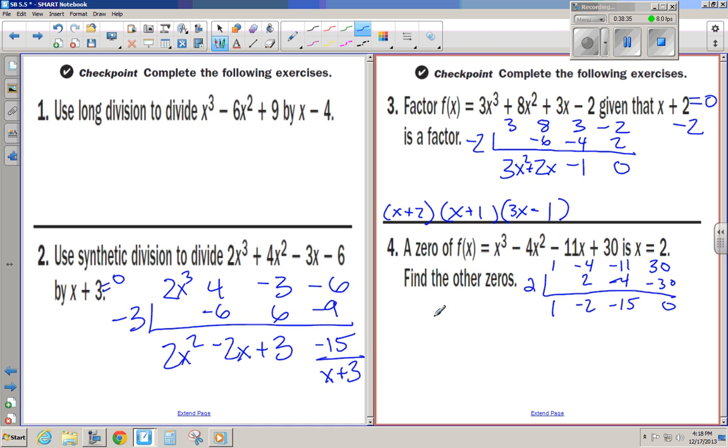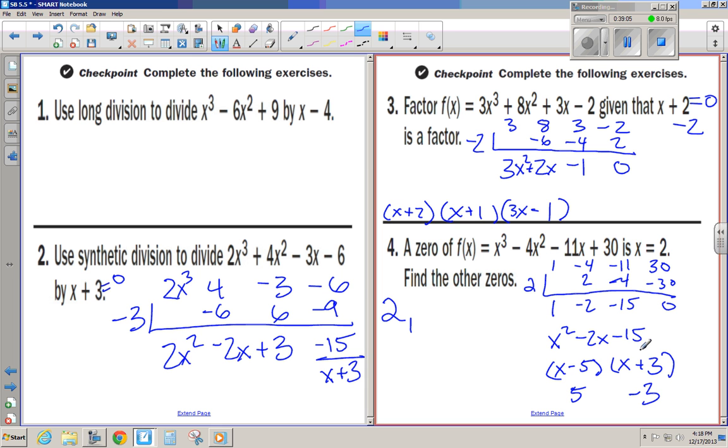That means 2 for sure is one of our answers. And now I have x squared minus 2x minus 15, which I need to completely factor. Factors of negative 15 that add up to negative 2. That would be negative 5 with a positive 3, which tells me the zeros are 5 and negative 3.